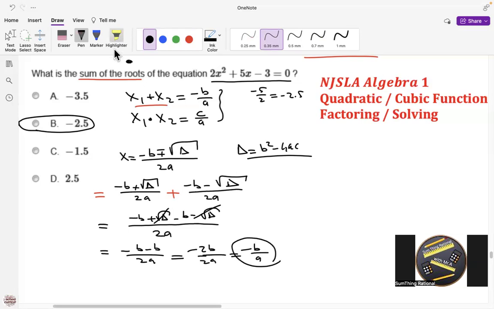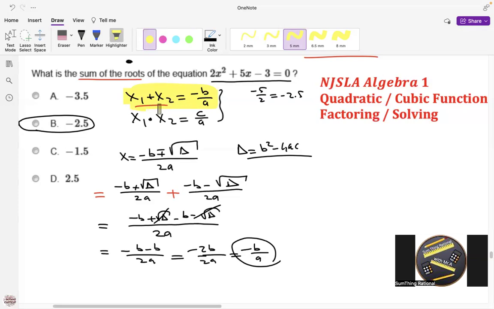Sum of the roots, this is actually a theorem, guys. In some countries we don't use this theorem a lot, but in many countries it is very widely used. Here in the USA we don't go very deep, but while studying for the SAT, there are some questions related to this formula.